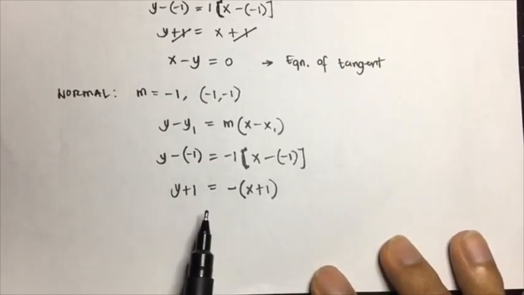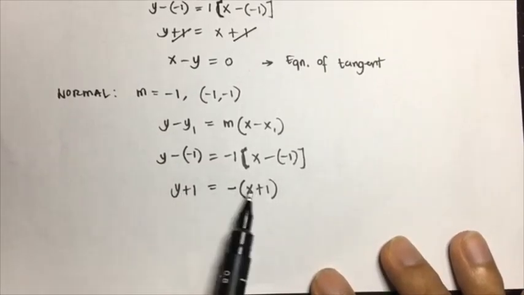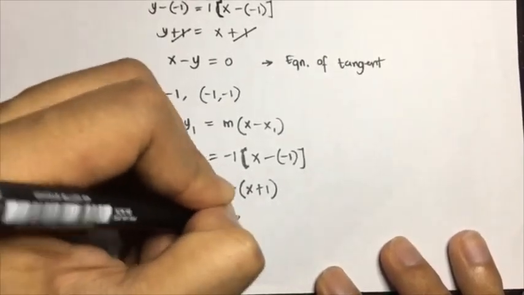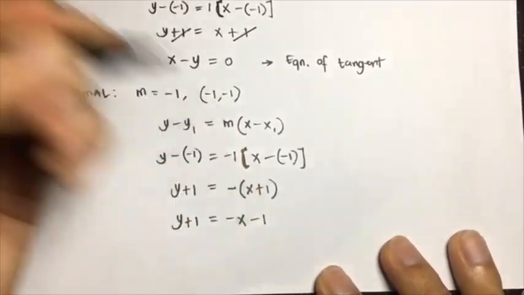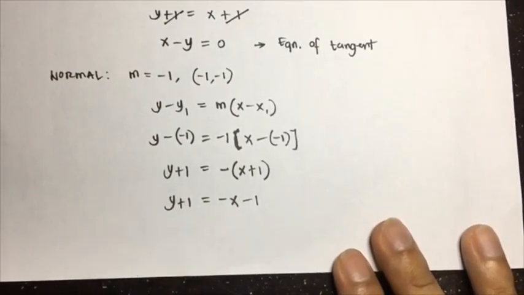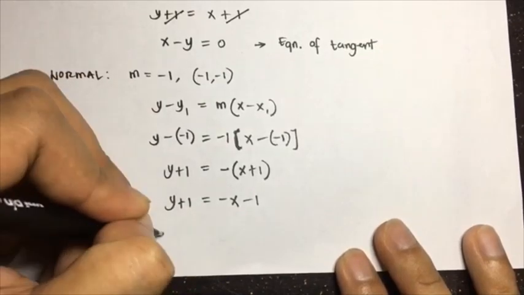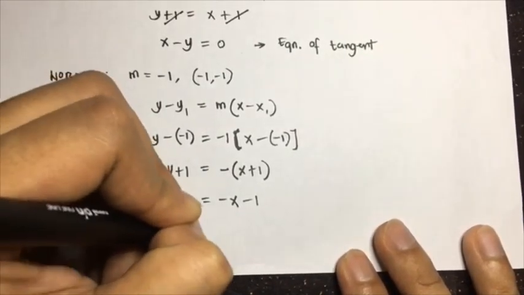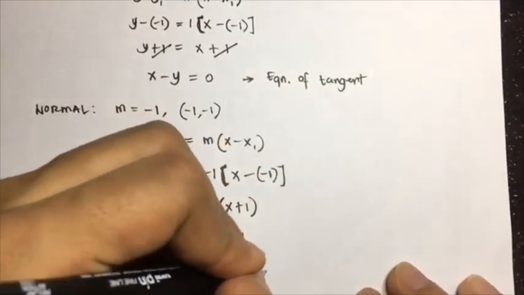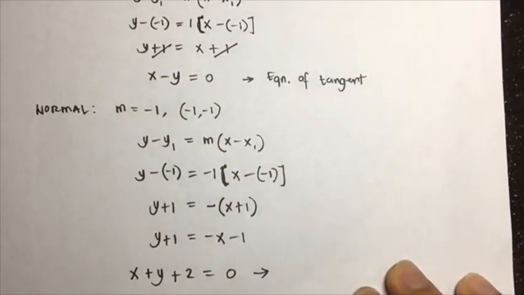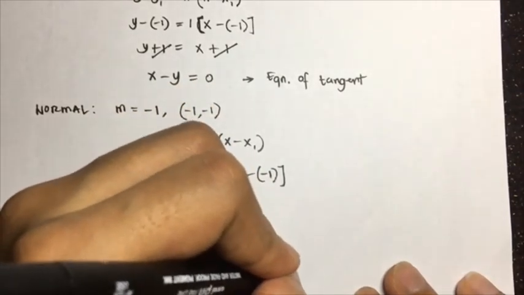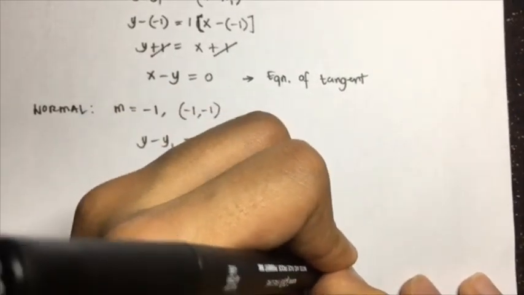Distributing, y plus 1 is equal to negative x minus 1. Transposing negative x and negative 1, it becomes x plus y plus 2 is equal to 0. So this is now the equation of the normal line.